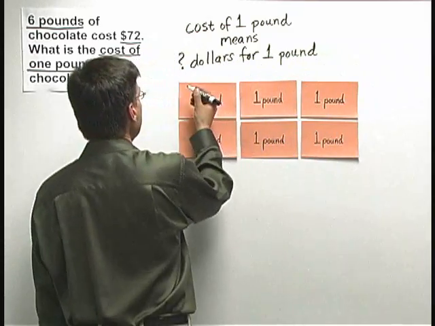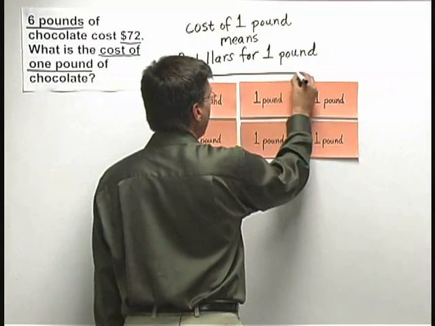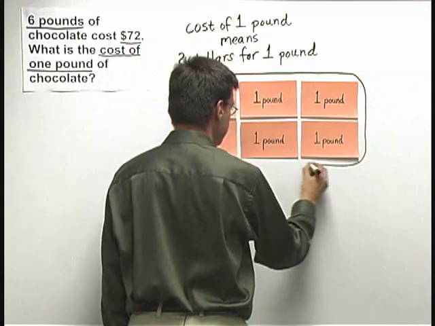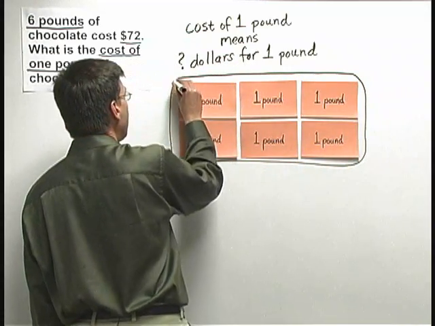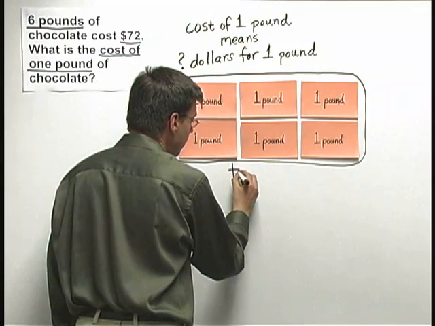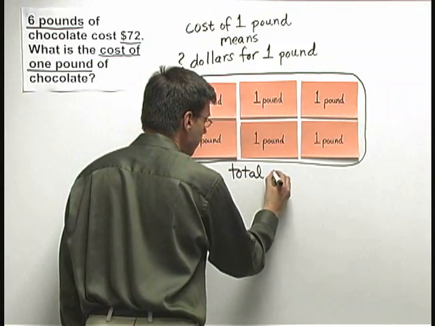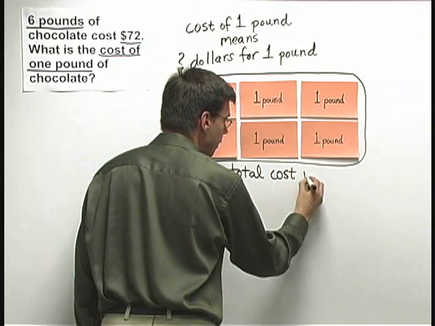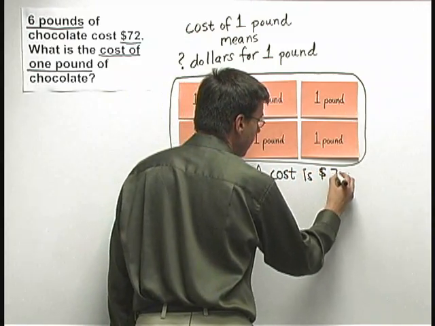What we know is all 6 pounds cost a total of $72. The total cost is $72.